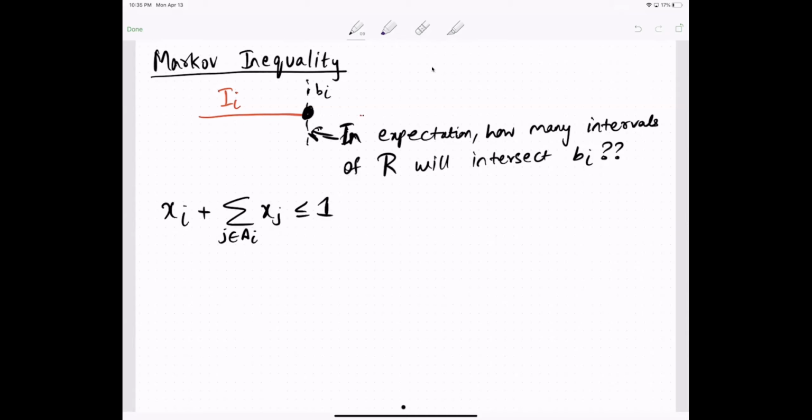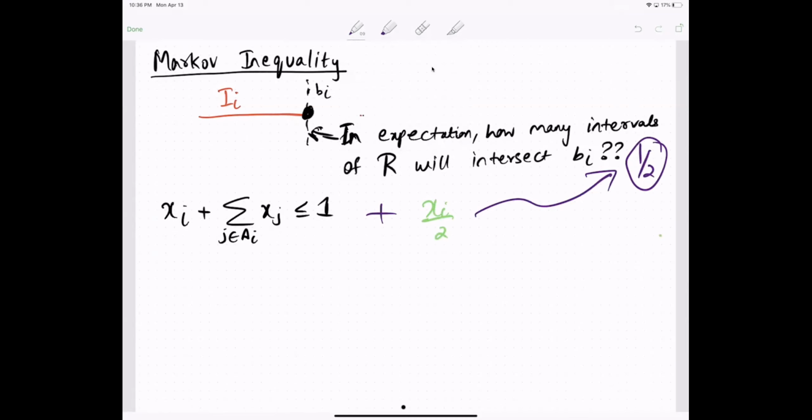So essentially this constraint is saying that not more than one interval should intersect BI.